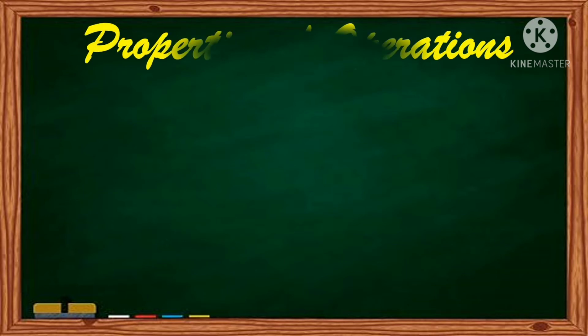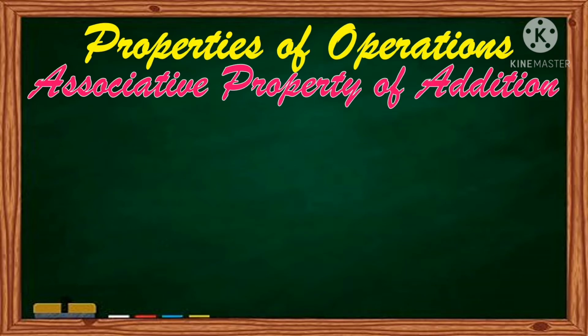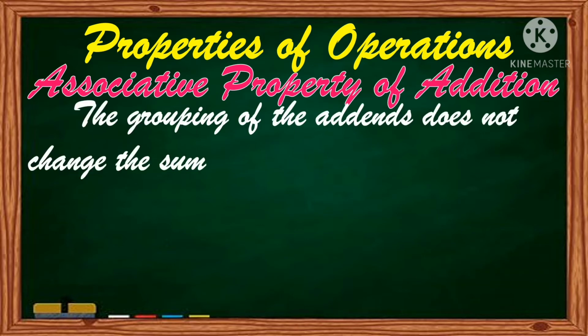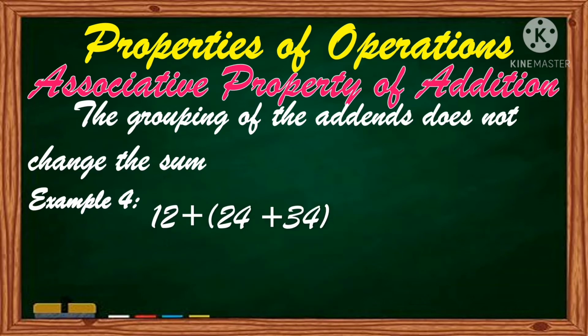Next property of operation that we have is the associative property of addition. The grouping of the addends does not change the sum. And let's take the example number 4. 12 plus (24 plus 34) is equal to (34 plus 12) plus blank.